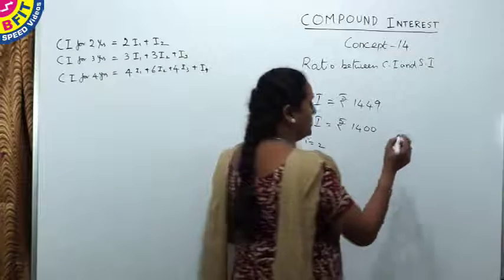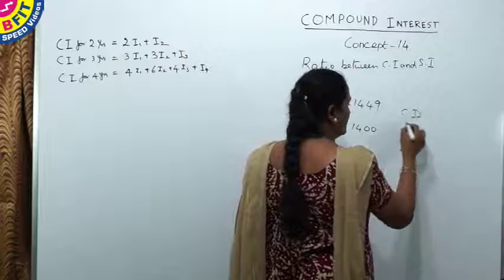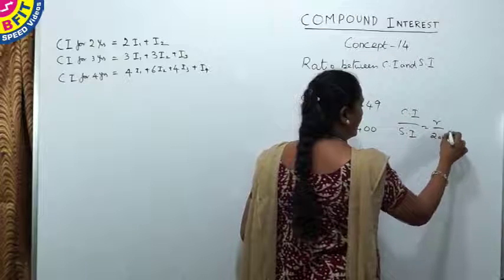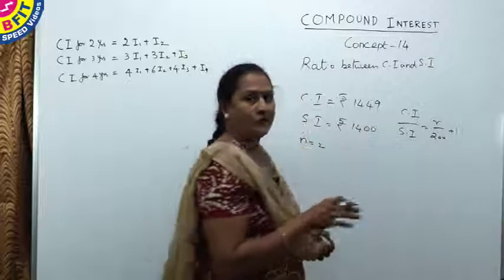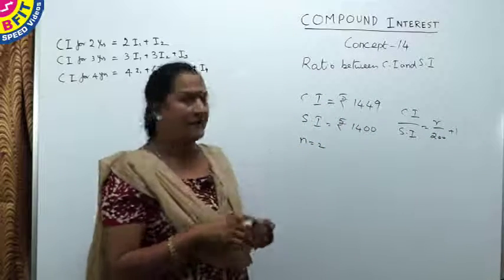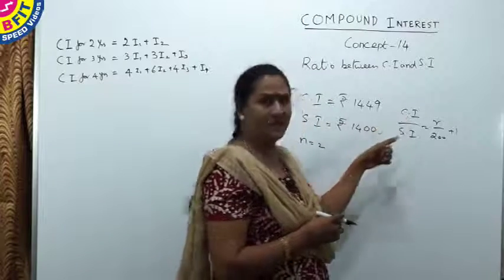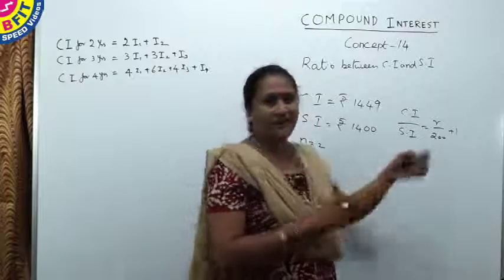What is the ratio? CI by SI equals R by 200 plus 1. This is for 2 years and the period they have given is also 2 years. Now substituting for compound interest and simple interest, we can find the rate.